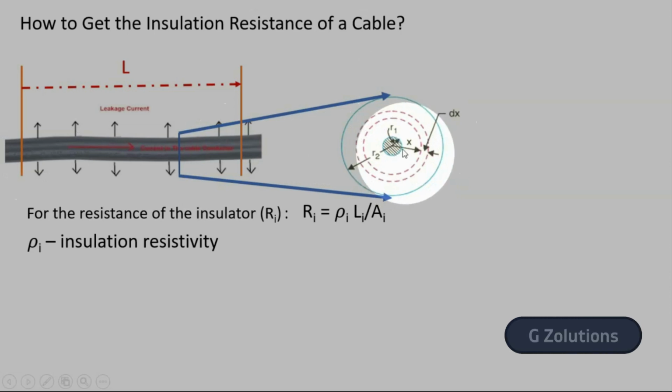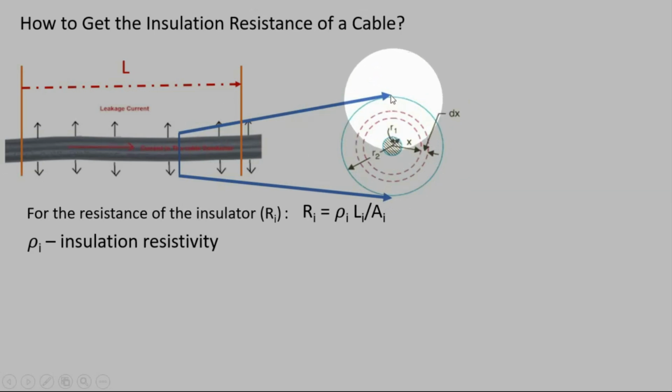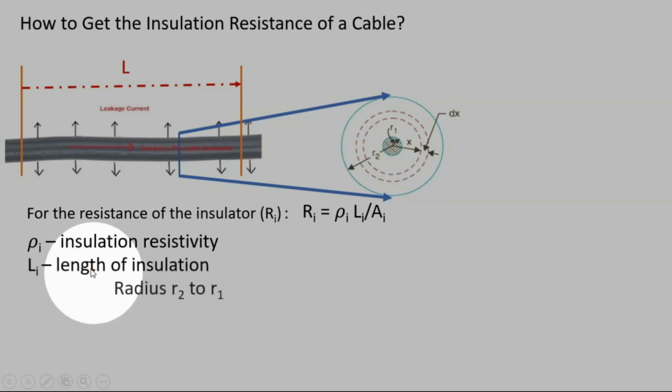So the length will be from the inner point of the circle up to a certain point in the circle, and that is x. Therefore, we rewrite the resistance formula R = rho times L over A, placing an i as notation: Ri, rho i, Li, and Ai. Ri is the insulation resistance, and rho i is the resistivity, as well as the length and the area.